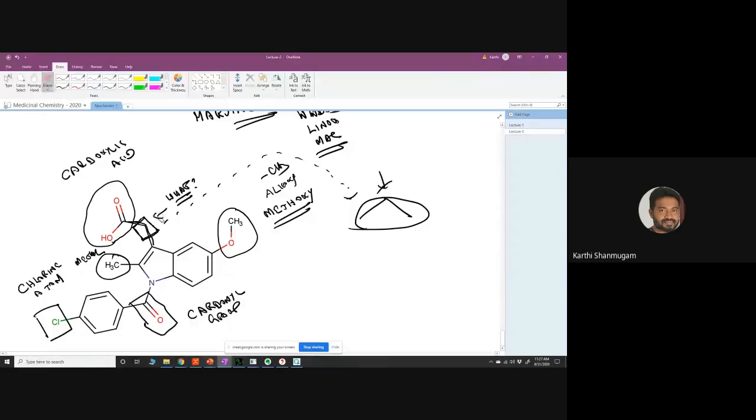If you don't know, you can tell. Sir, is it acetate? No, only this part. I'm not including that CO group. Only this part.